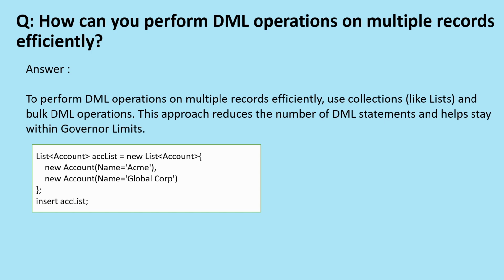To perform DML operations on multiple records efficiently, we can use list and bulk DML operations. I showed you the example also, like we created a list and we inserted all of the account records at one glance, right? So like this, instead of inserting every account record at a time, at one time we can do it using a list of accounts or any list of objects.